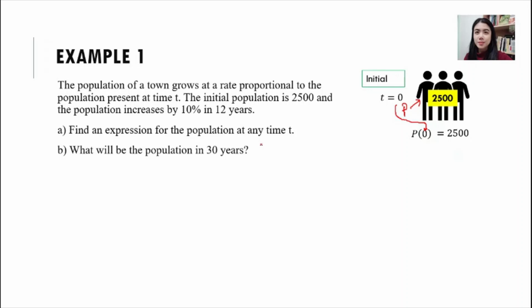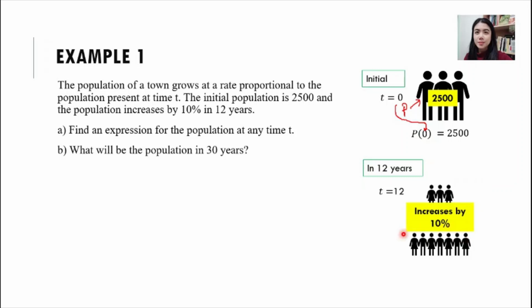And let's just look at the next information that we have. It says that the population increases by 10% in 12 years. So in 12 years means that your t is actually equal to 12, and the population increases by 10%. So now this is referred to your P, your population.